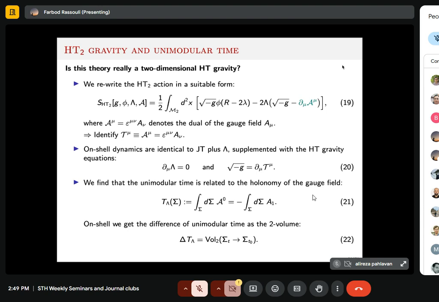It is interesting. Okay, but I would say it's more, from JT, people should be a new, let's say, topic in JT. For instance, the one-loop partition function here would be different, I guess, from the JT.